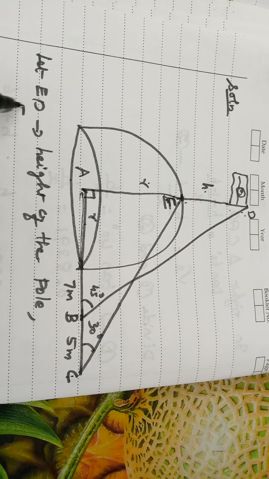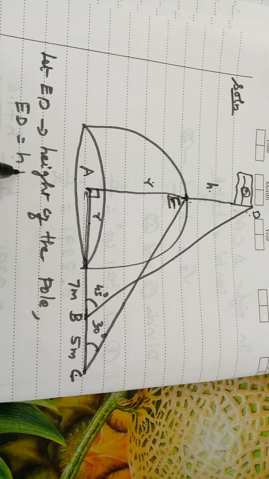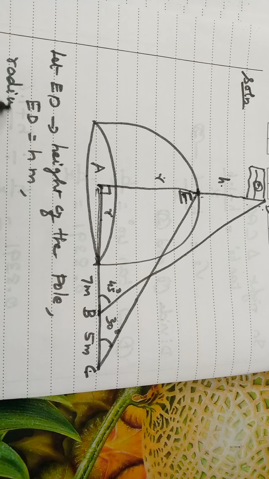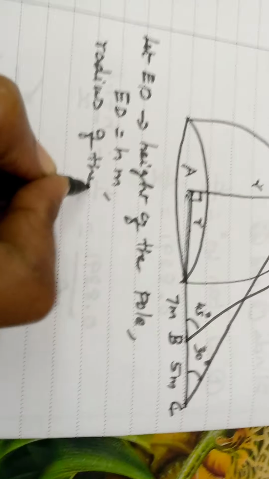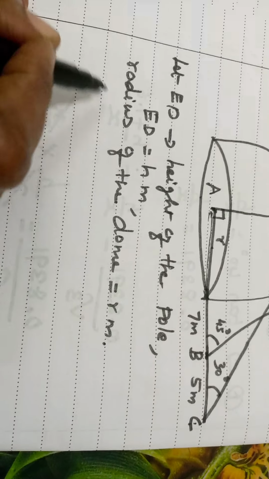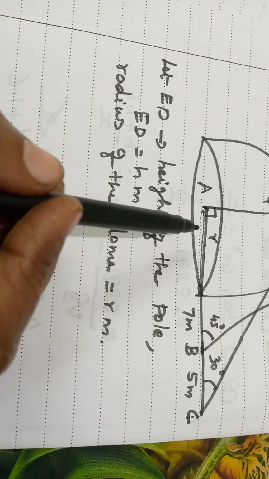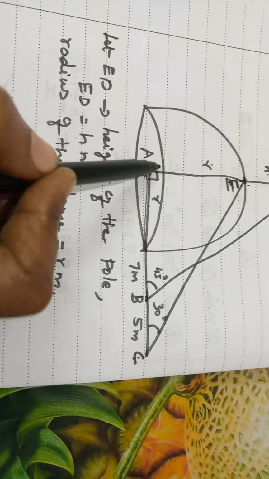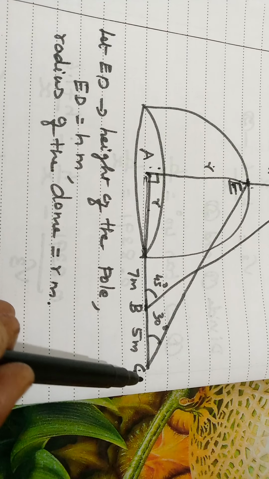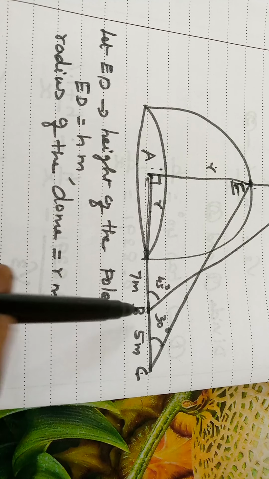Okay, that is ED equal to h meter, comma, radius of the dome equal to R meter. So let us take, to find this R, it is the opposite side, theta is here now. So let us take the right triangle first of all, BAD, this one.